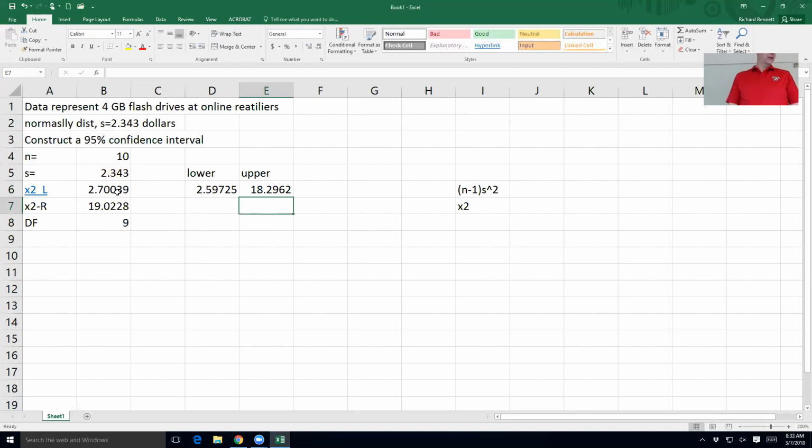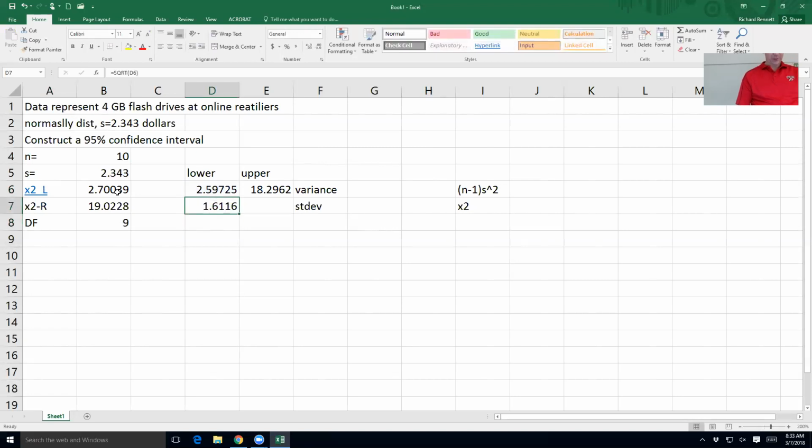Now, what did it ask for? Did it ask for the variance, or did it ask for the standard deviation? What did I find? I found the variance, right? So the standard deviation is the square root of those.